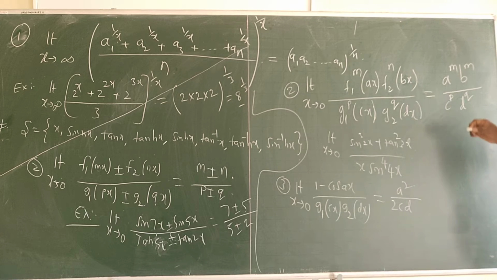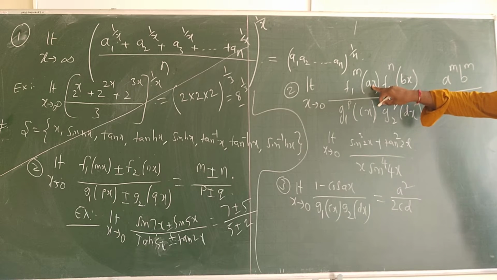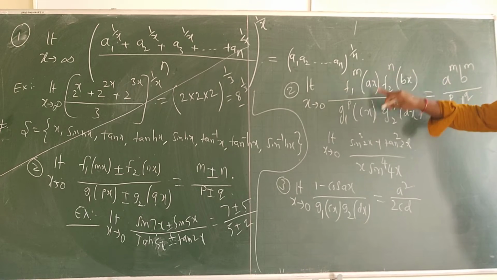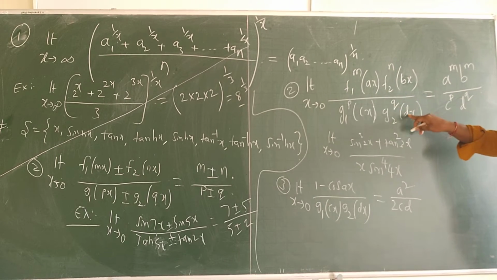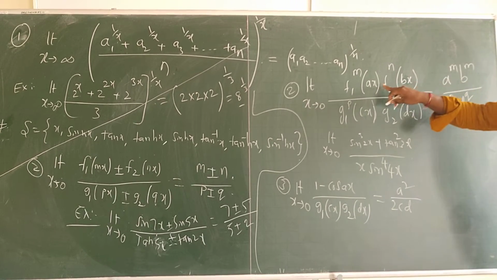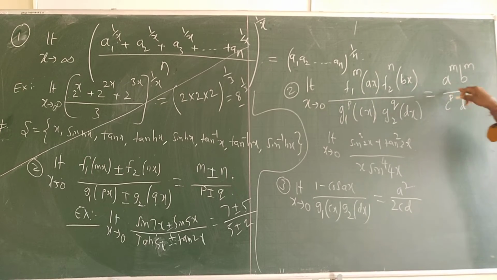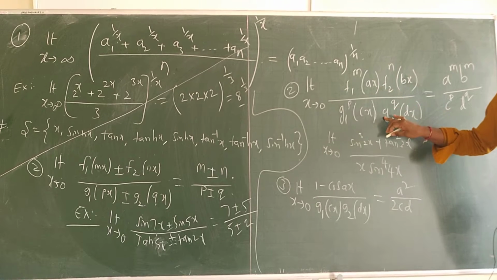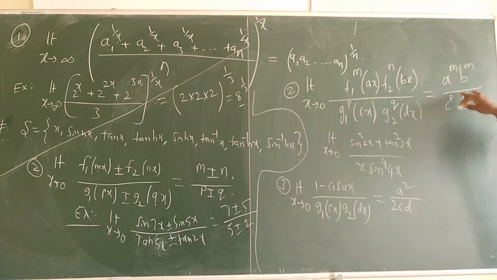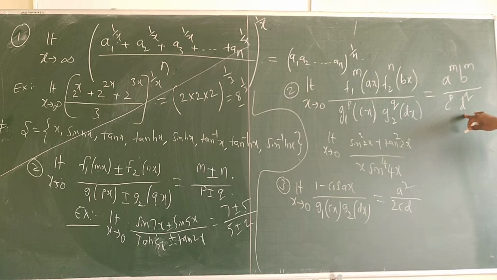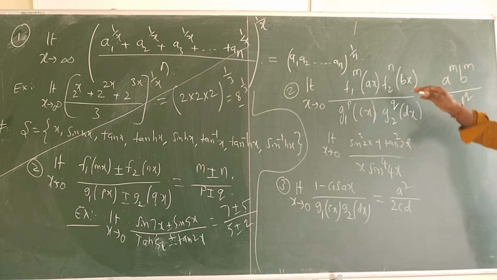Whenever you have it like this, the formula is: the answer is a, this constant power m, this constant power n, this constant power p, this constant power q. If it is in product, you get the answer in product. If it is in plus or minus, you get the answer in plus or minus. If you have multiplication, you get the answer also in multiplication. Getting or not? Right? So for this one, no need to solve.